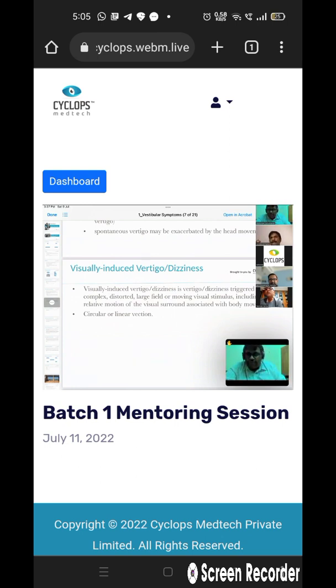So the differentiation: oscillopsia is a clear-cut thing. That is not visually induced. Oscillopsia is when you see the scene moving and you can see both to and fro movement, bidirectionally. That is oscillopsia.